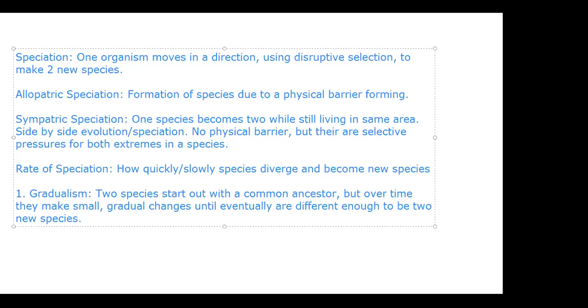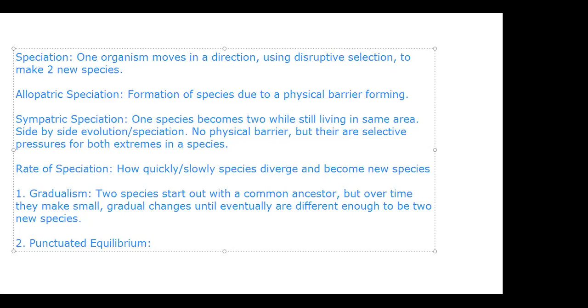So anyway, the other type of rate of speciation: you have gradualism, where they're slowly making changes. But you can see some things like snails throughout history, and these are going to have what we call punctuated equilibrium. Two L's in equilibrium, one L in equilibrium.